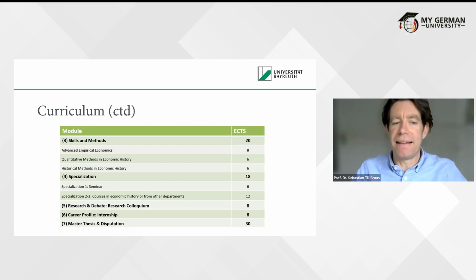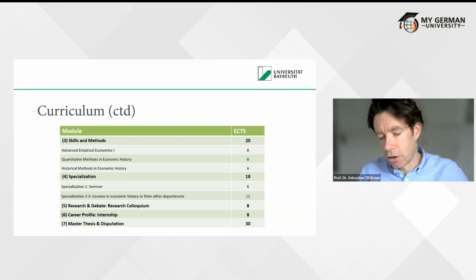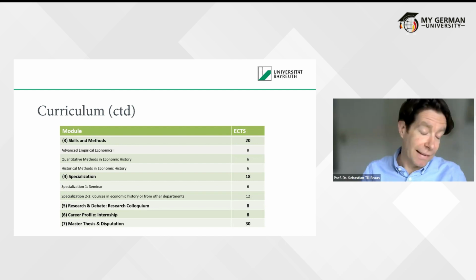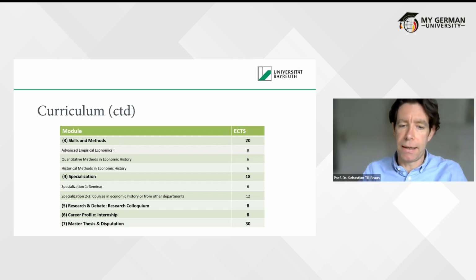Basically, it should be a topic in economic history, but you could also pick supervisors in economics or history. Of course, most students take either the study coordinator from the econ side of this program, that is me, or Jan Hesse, who is the study coordinator in the history department. That's an overview of the program.